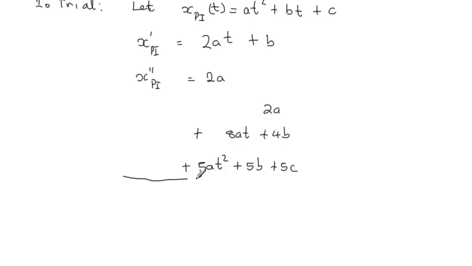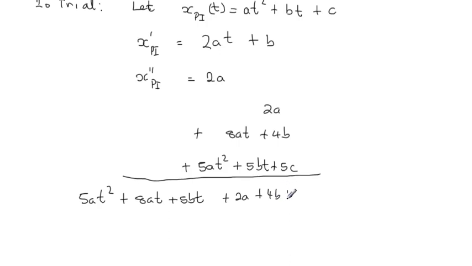So then adding this, we see that we've got 5at squared plus 8at, which is our linear term, plus 5bt, that is our linear term, plus 2a plus 4b plus 5c, which is our independent term.